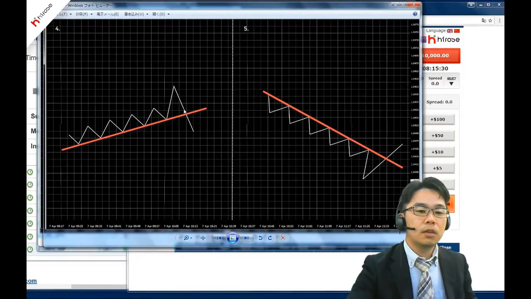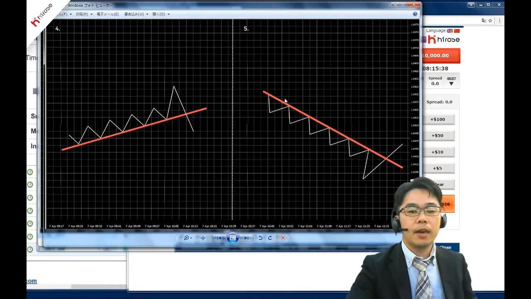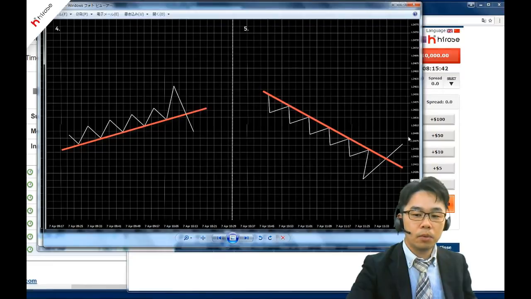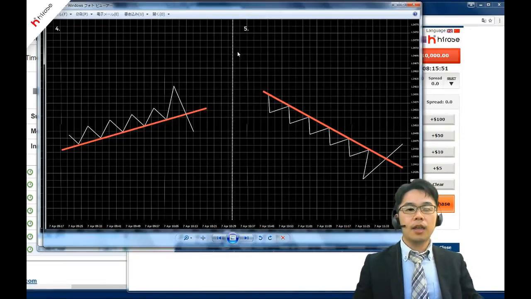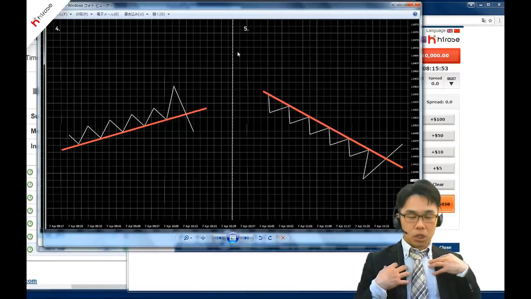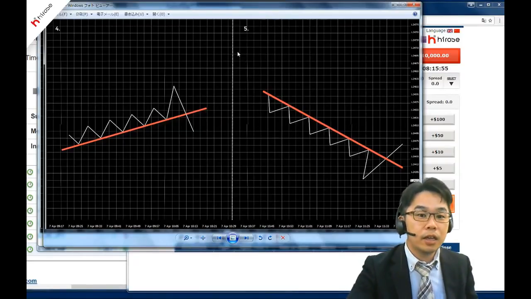This one might form a downtrend, but also it might form a flat movement. And this one, breaking through from the bottom to the top, might form an uptrend or it might form a flat movement. So when the market price is breaking through the trend line, I do not make any purchase. And there's one more point.